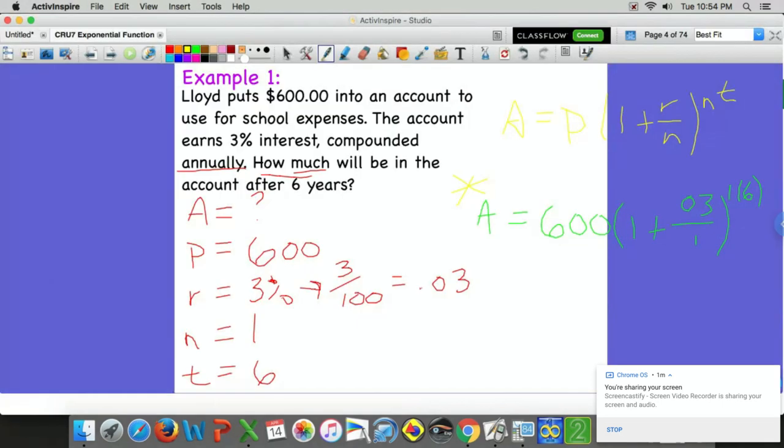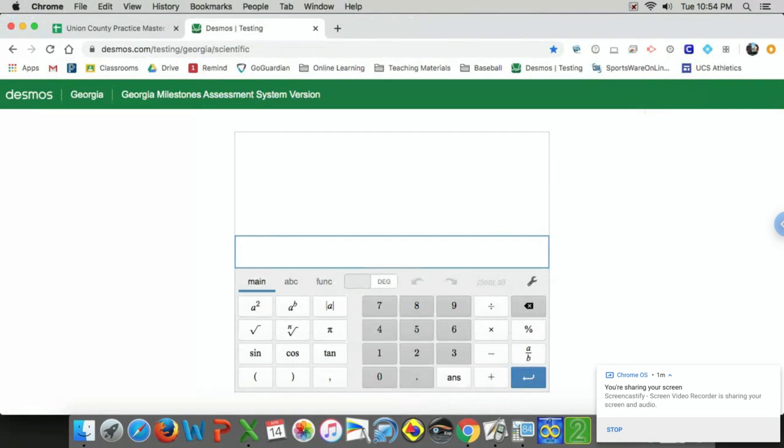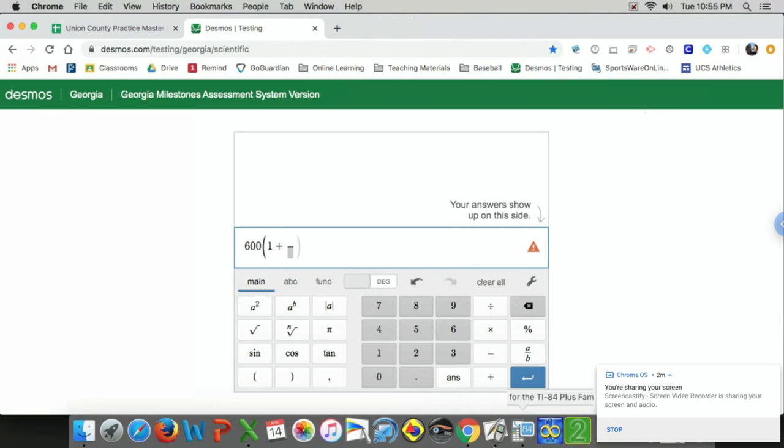So if we go back here, we have 600. You're going to type in 600 times, parentheses, 1 plus, and then you can create a fraction with that button right there.